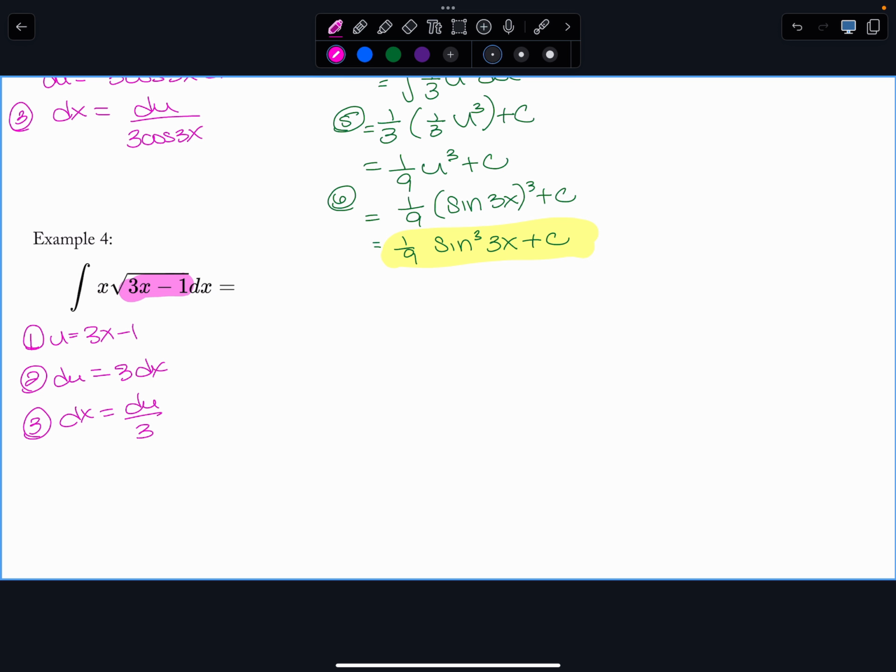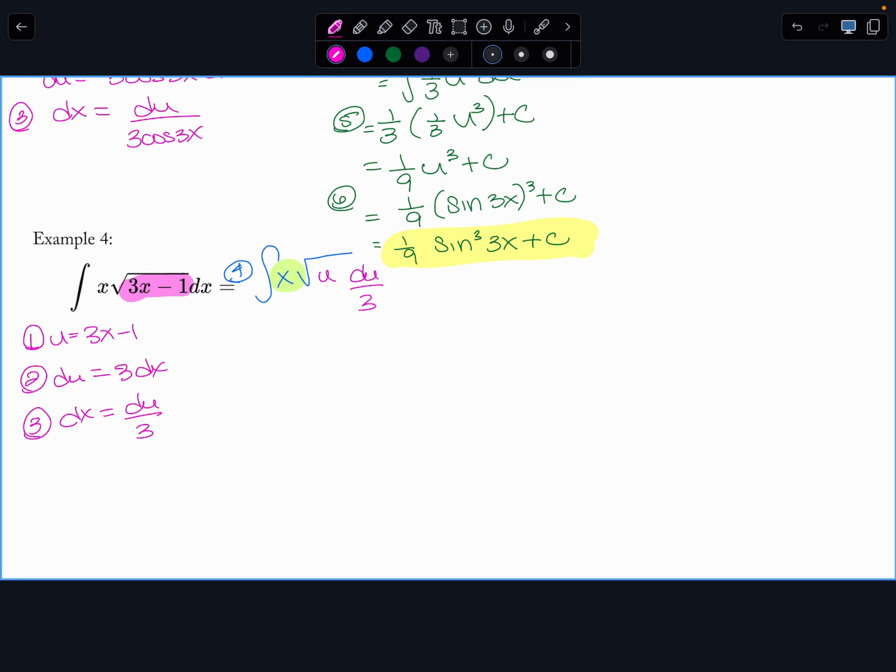When I go to substitute in, that's where my problem ends up being. So I have my u, and then I have a du over 3, but that stupid x on the outside never went away. Stupid x.